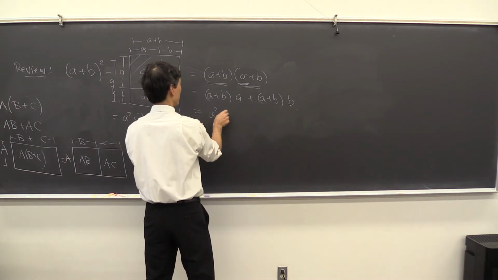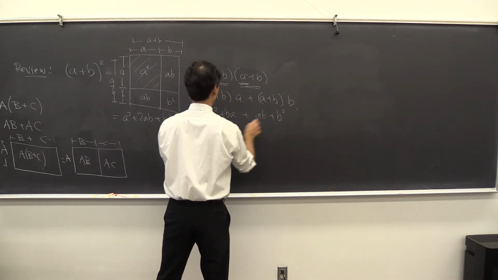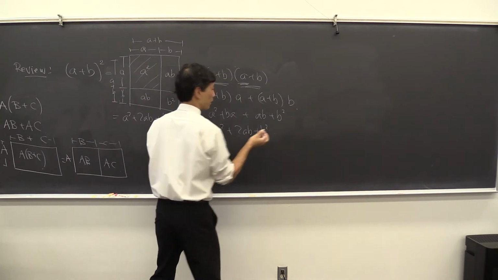I get A squared plus BA, and here I get AB plus B squared. And so you get A squared plus 2AB plus B squared.